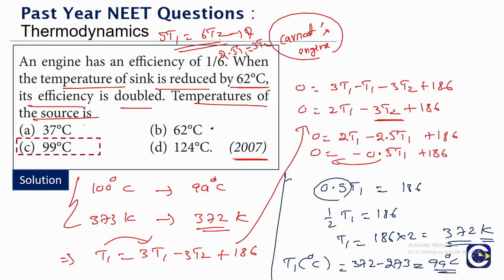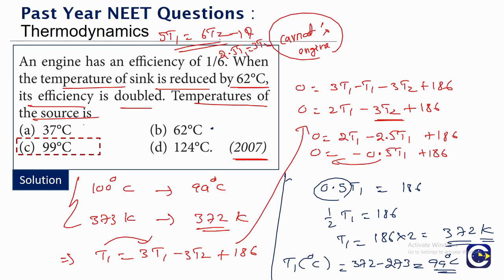So once we get the idea that this is a problem related to the Carnot's efficiency factor, we'll be able to easily get the answer. The only thing is it involves a little bit of calculation. We'll get two equations. We have to merge them to find the sink temperature, and we can also find the source temperature.